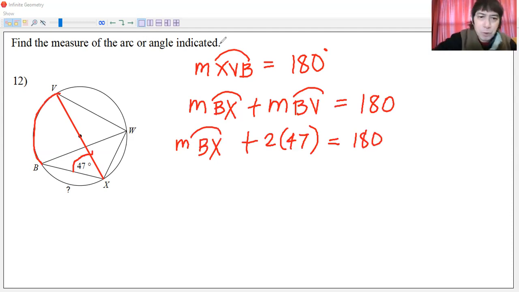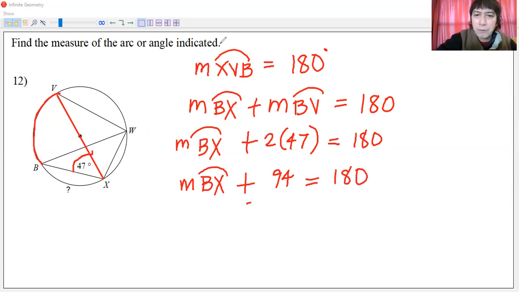So we have the measure of arc BX, and now how much is that? 94. Will that be 94? So that's 14, and then yes, 94. This is equal to 180. We subtract 94 from both sides. This will now be 6, and this is 17 minus 9.